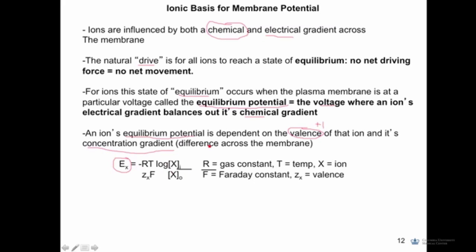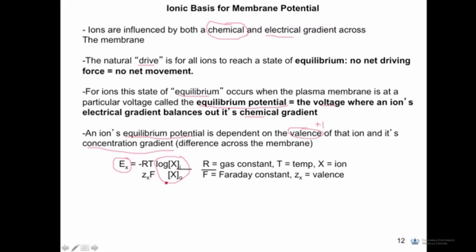The reason I'm showing you this equation is I just wanted to point out that this part of the equation, X_i over X_o, really stands for the concentration of the ion inside the cell compared to the concentration of the ion outside of the cell.